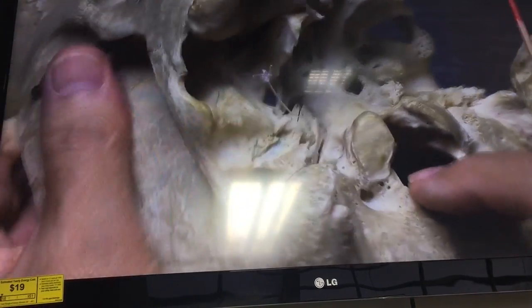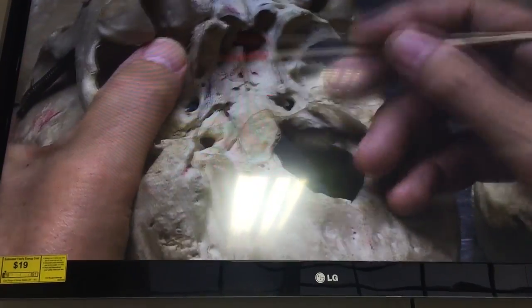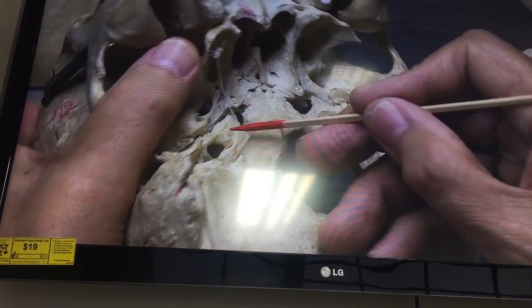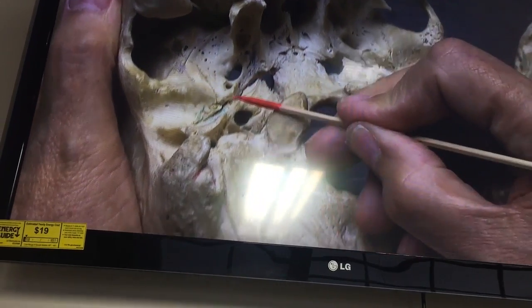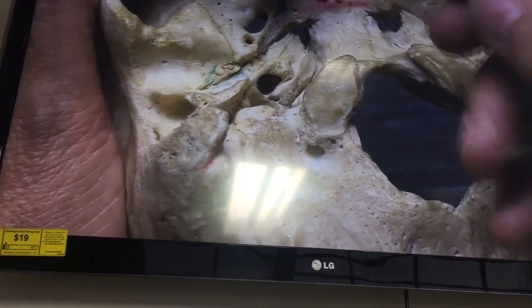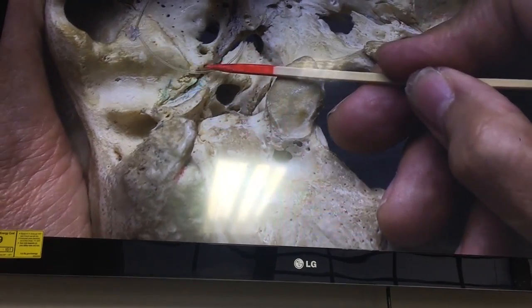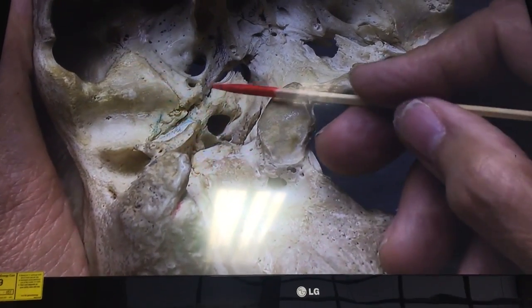Here we have the sphenoid process, which we mentioned earlier, right? The spine of the sphenoid.